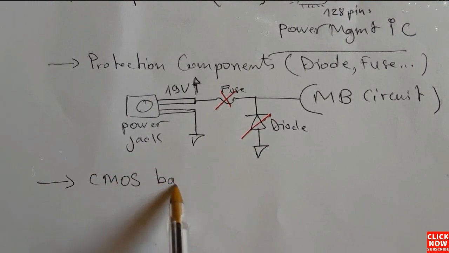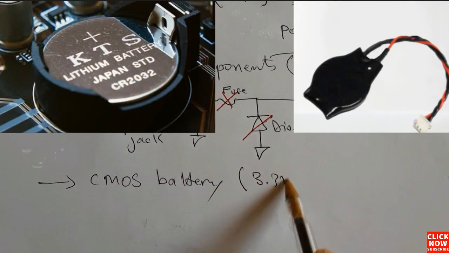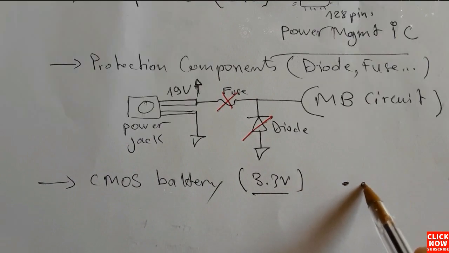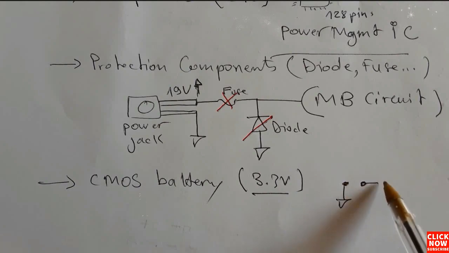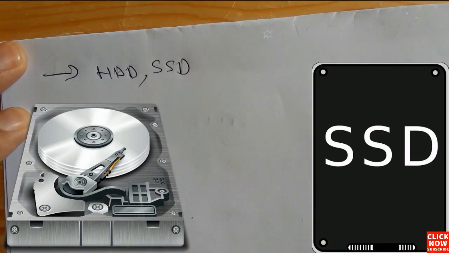So the next failure is the CMOS battery. This battery can cause a dead motherboard. If you have an old battery or an expired battery, it can cause a dead motherboard. So the next failure is the HDD or SSD.